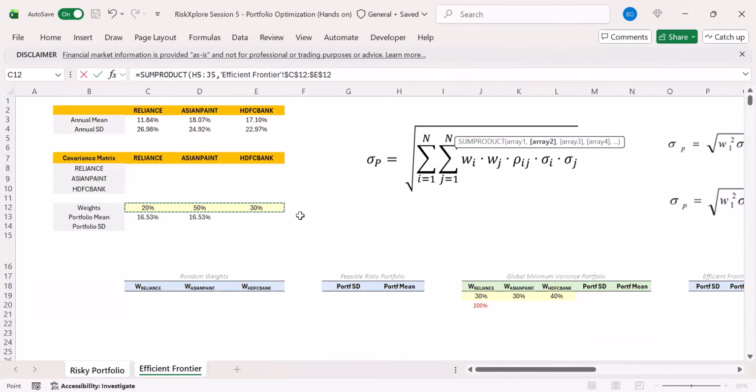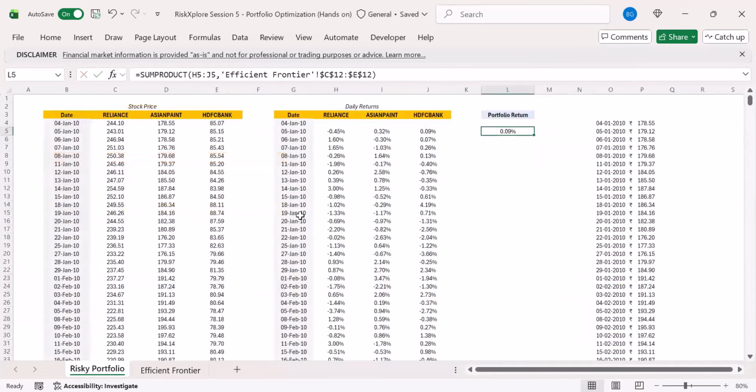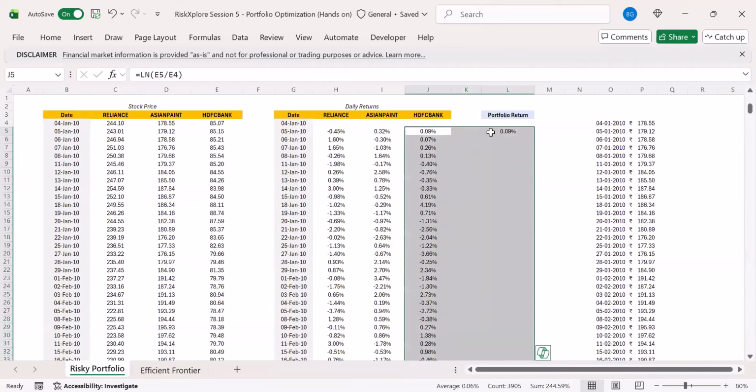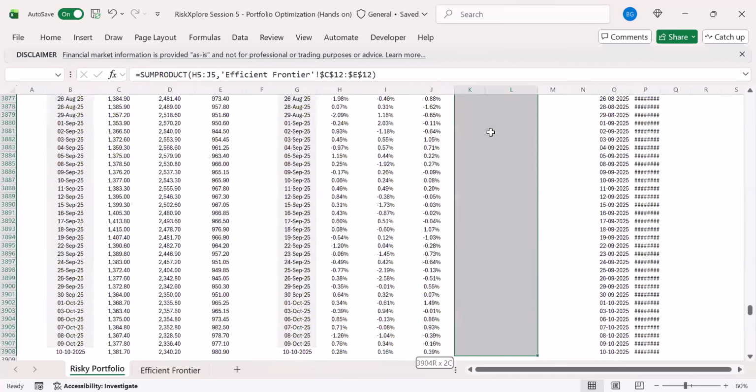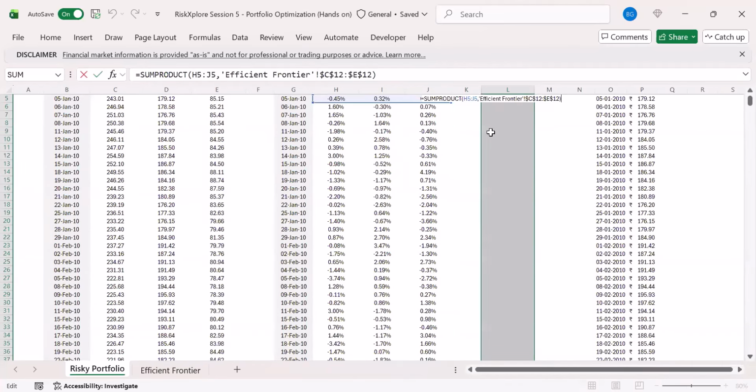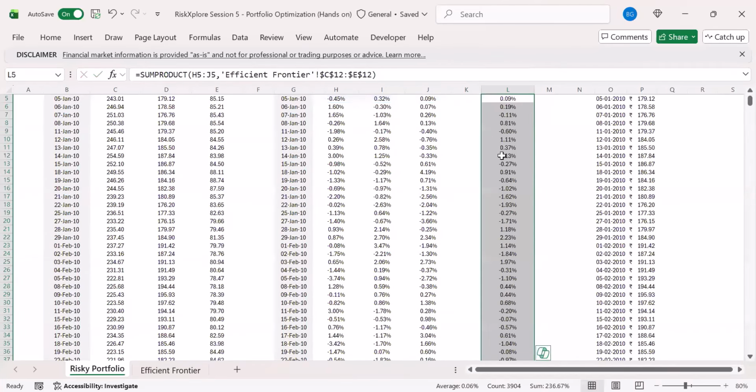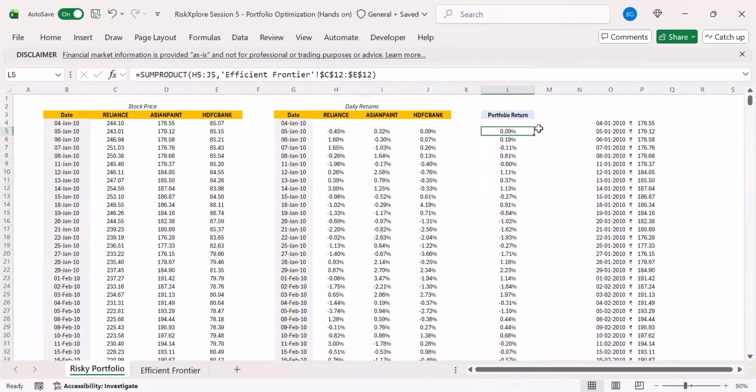Close the bracket, press enter, and we have the daily portfolio return. And to do this for all of them, we can press F2 key, we can press tab key, shift right arrow key, F2, and control enter. Okay, so we have the daily portfolio returns.